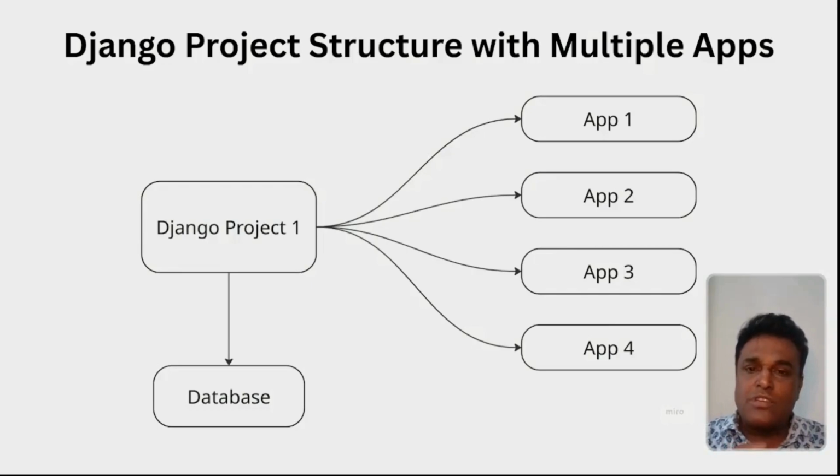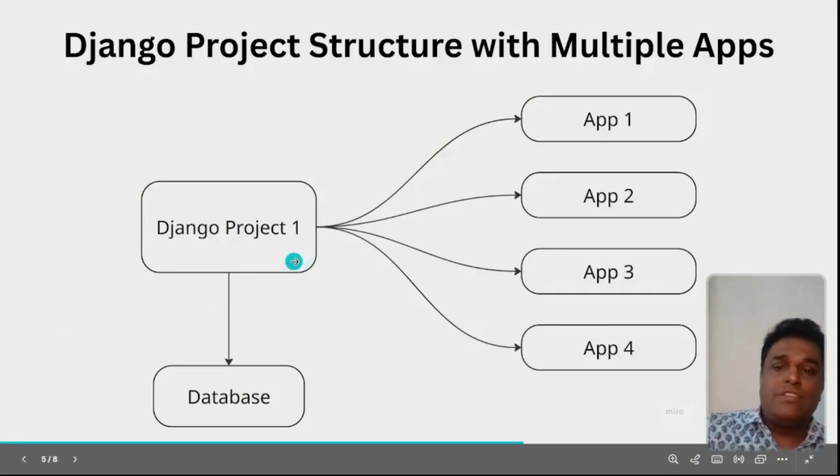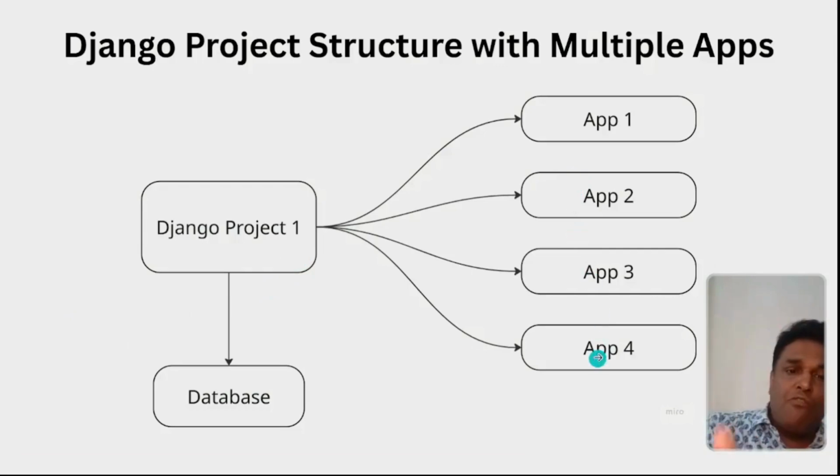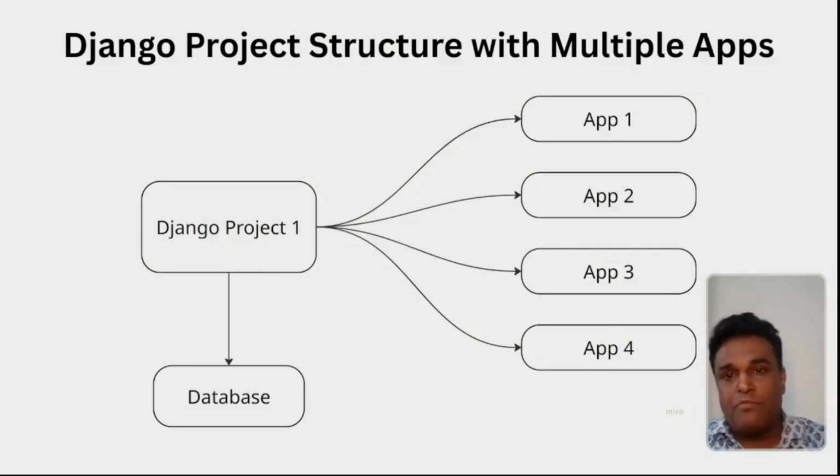The second biggest advantage is, once I have this project, like Django project one, and there are 4 apps in this, now in future maybe I will be developing some other software, some other project which is totally different. But maybe there is a requirement that I need this app too. By some reason I need this particular app in my new project.